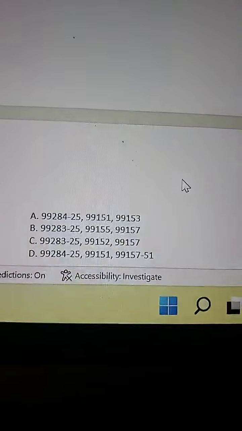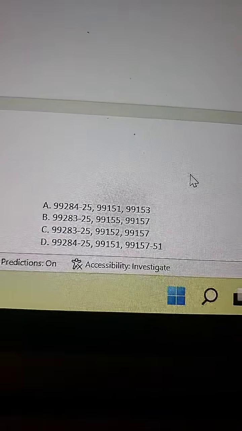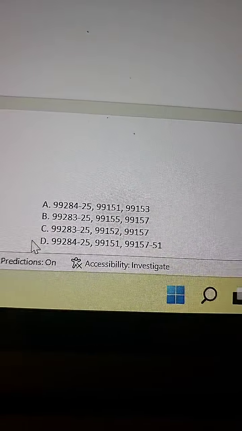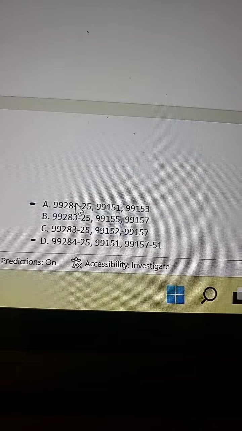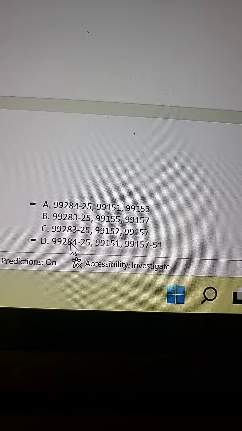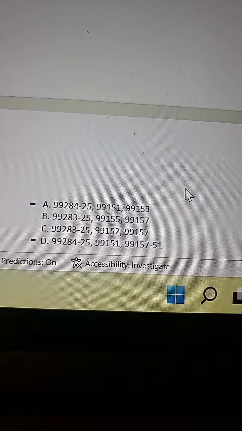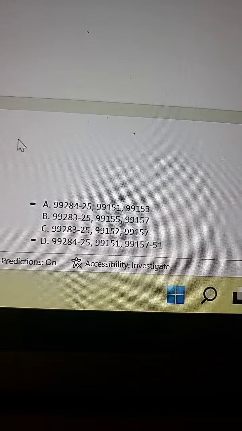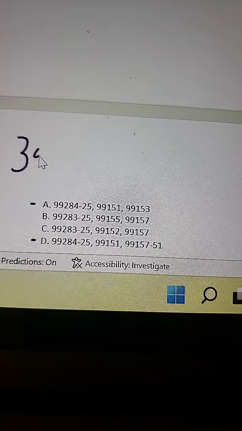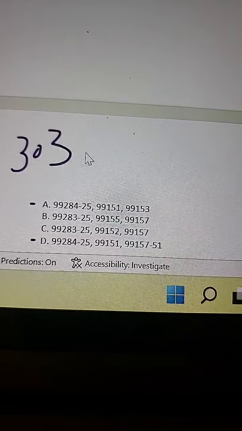Let's see. We've got ER. I'd be hyper looking at the 284s since we have 2 with the same answer. If I'm going to do an ER, I need to do 3 of 3 components.